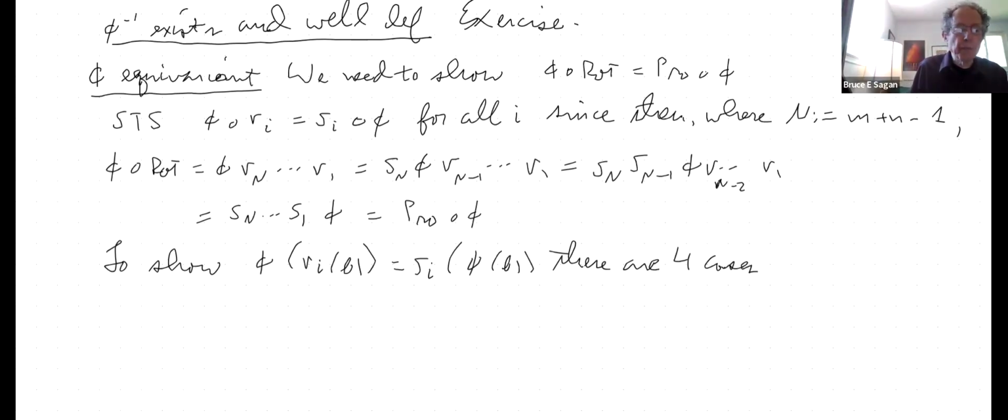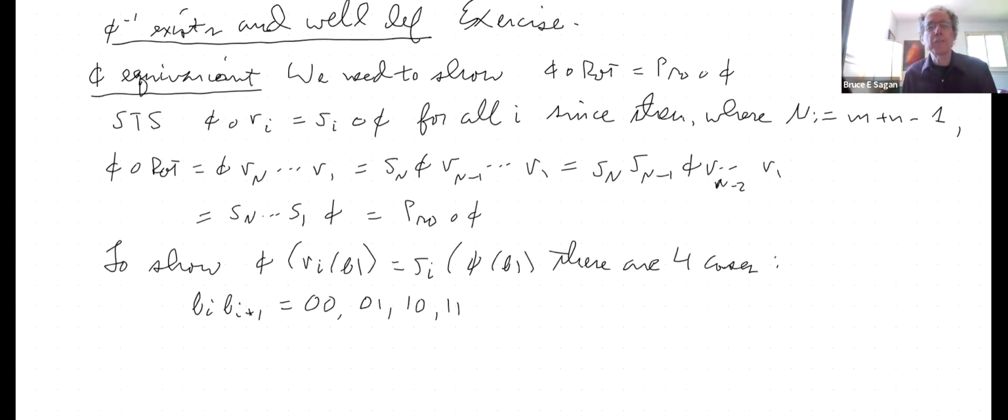They can either be 0, 0, 0, 1, 1, 0, or 1, 1. And I think you know me well enough at this point that you know that I'm going to do one of the cases and leave the rest for the exercises. Okay, so let me do the 0, 0 case. It'll be illustrative, and then you'll be able to do the rest, I'm sure.